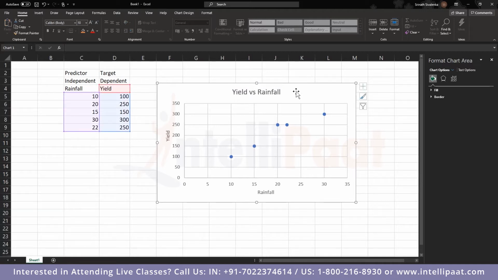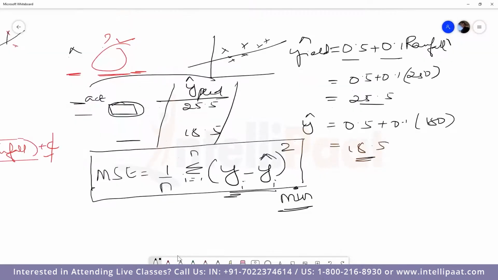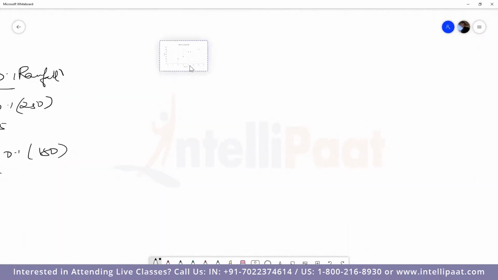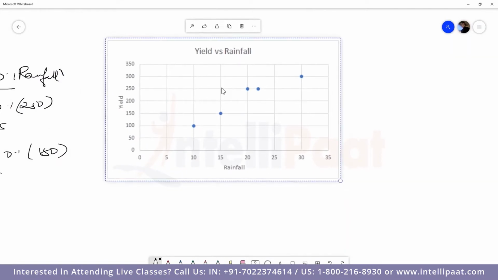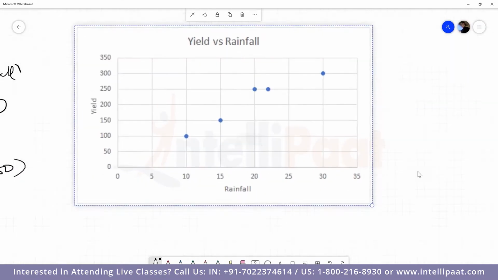Cool. So now, if you logically look at this thing, I can have multiple data points. I can come up with different lines, so to say, right? One line, basically, if you look at it, let's try to do it here. You could come up with different lines.